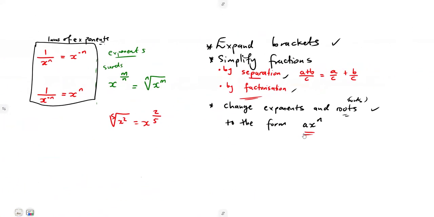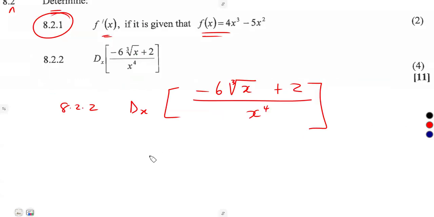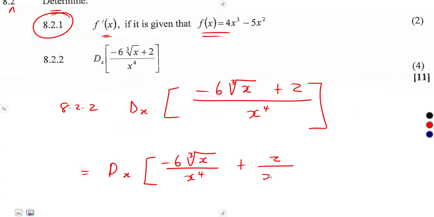When you're given a single term in the denominator, we can separate the numerators over the given denominator. So the first term was minus 6, the cube root of x over x to the exponent of 4, plus 2 over x to the exponent of 4.